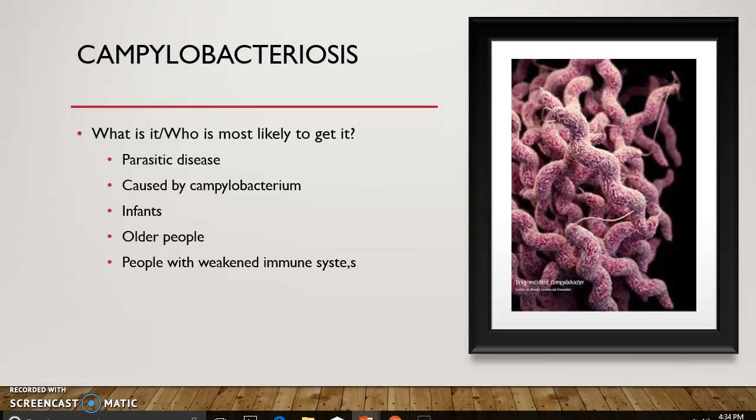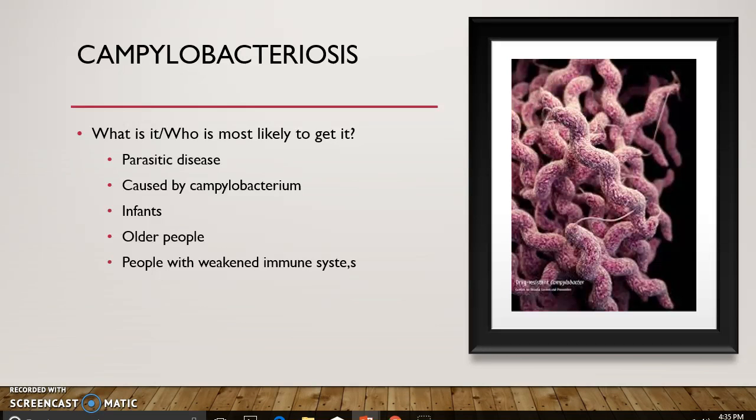This is caused by a different organism called Campylobacter. It also infects infants. This really affects people who have not as good an immune system. So this is going to infect your infants, older people, and people with weakened immune systems.